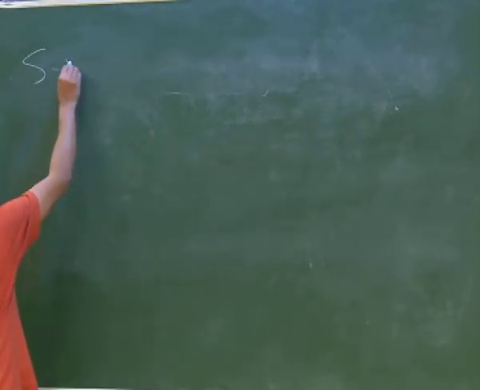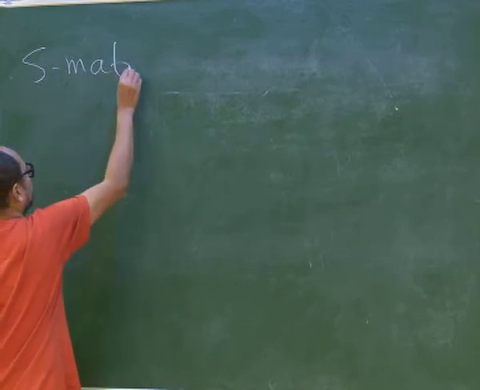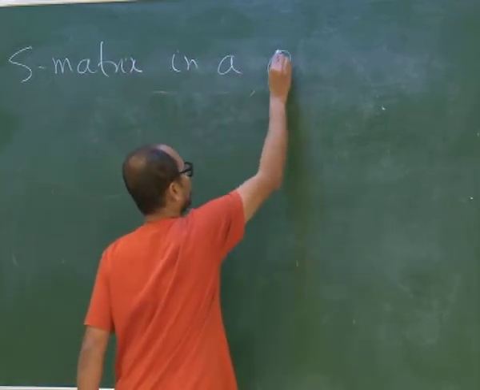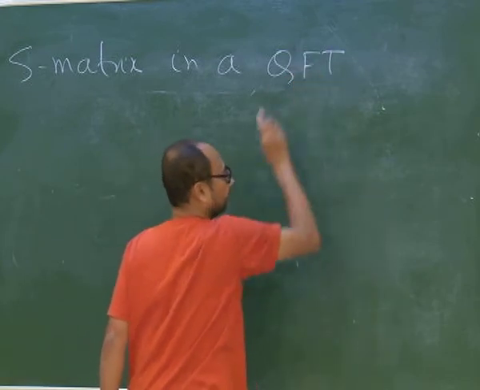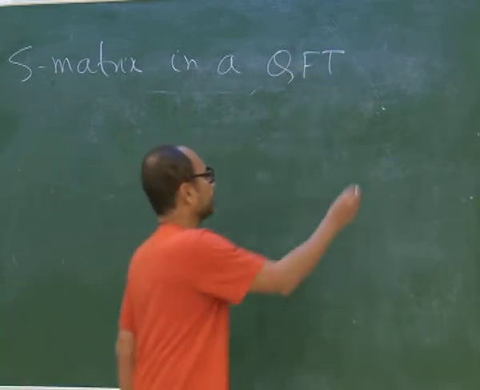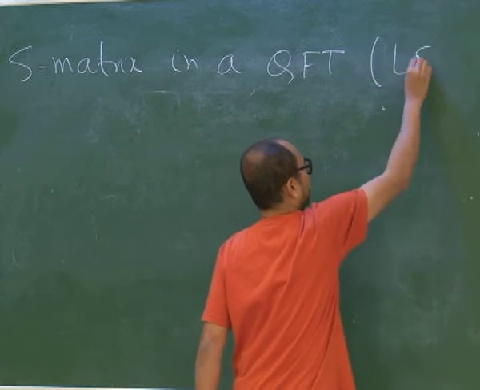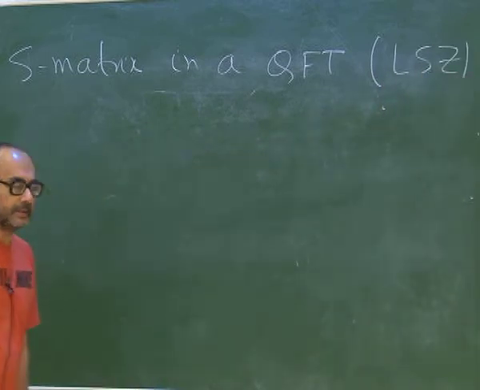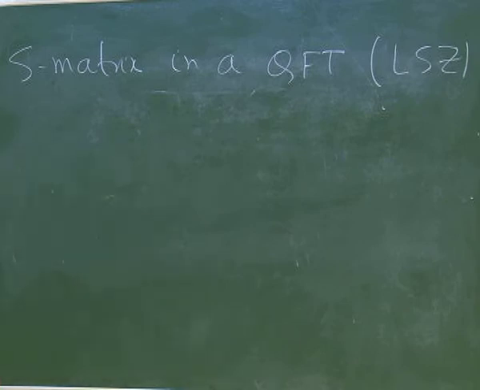So, the S matrix element in a QFT is given by what is known as the LSZ prescription. Let me write down the expression for the S matrix in a quantum field theory according to LSZ.